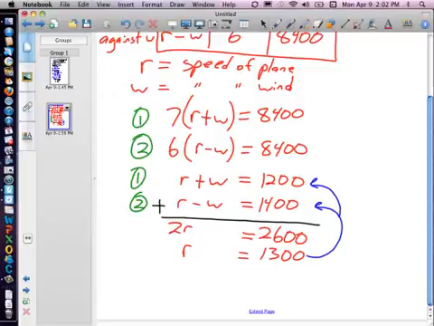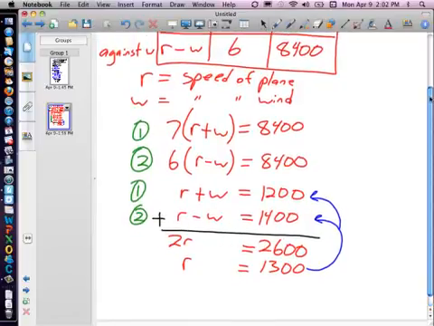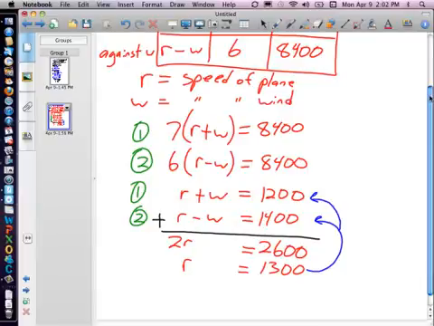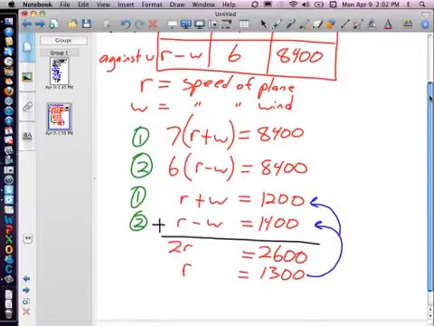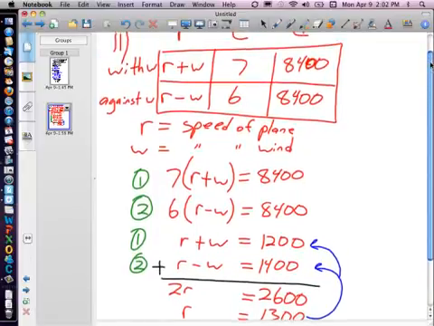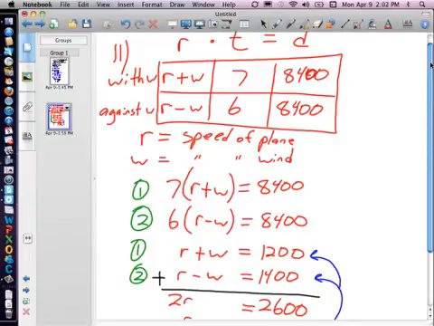Let's double check. 2R is 2,600. Okay, so I'm going to go back all the way to the beginning, which is what you can do when you think you've made a mistake. The plane travels 8,400 against the wind in 7 hours. Aha. Problem way in the beginning.